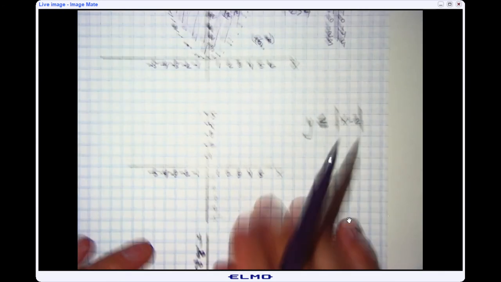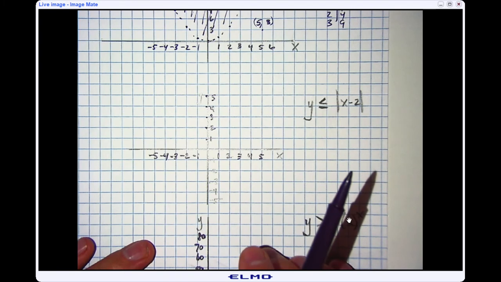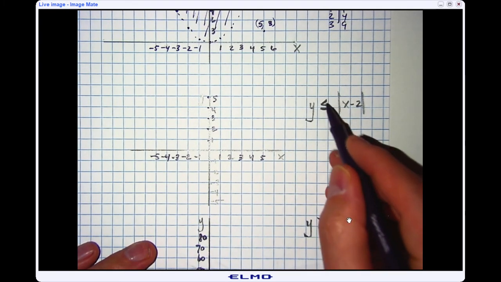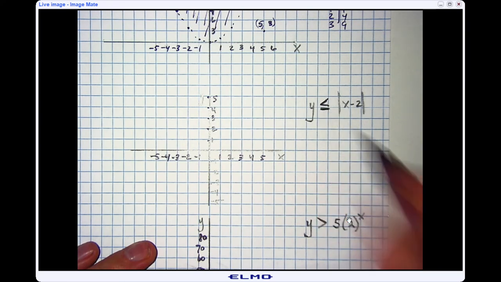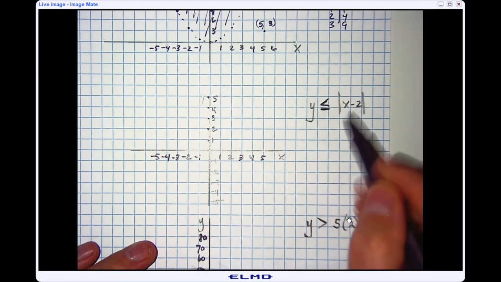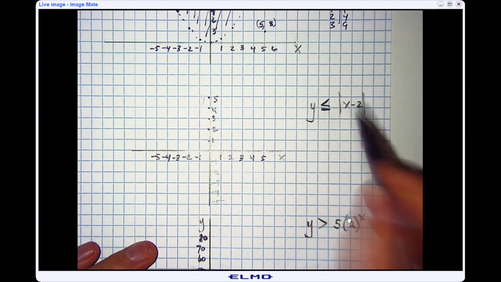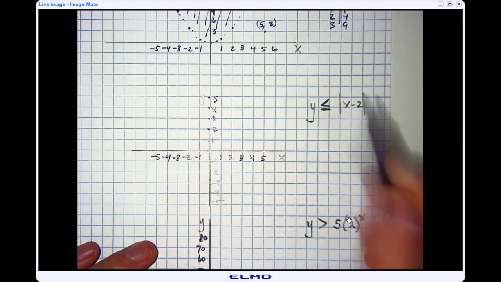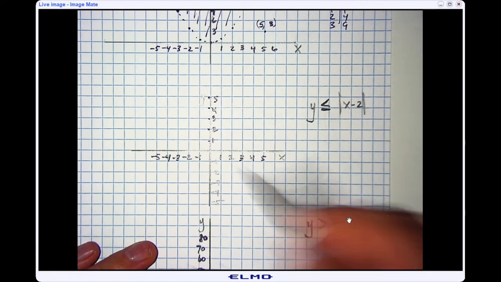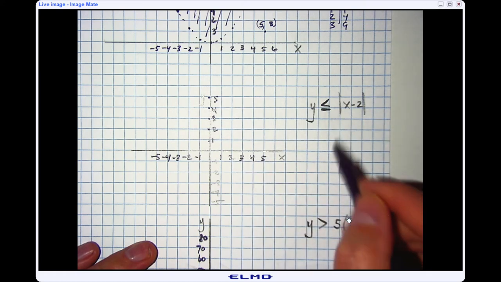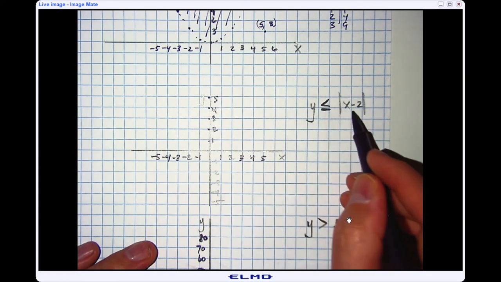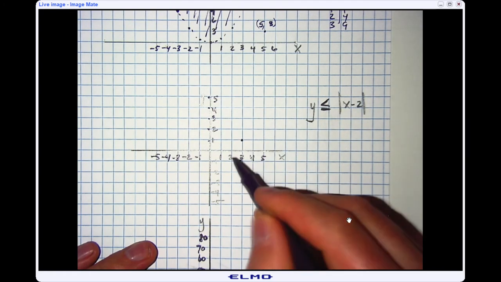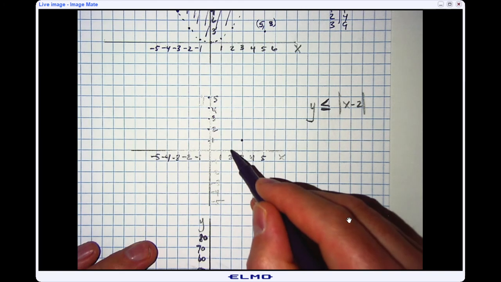For my next example, this is an absolute value equation. And again, this time you see that it has a less than or equal sign. So when I make my absolute value, which we know is a V shape, it should be a solid line. Again, you could plug in some numbers, and to make this, I'm just going to start at +3. If I put in 3 for x, I would get 1 for y. If I put in 2, I'm going to get 0.